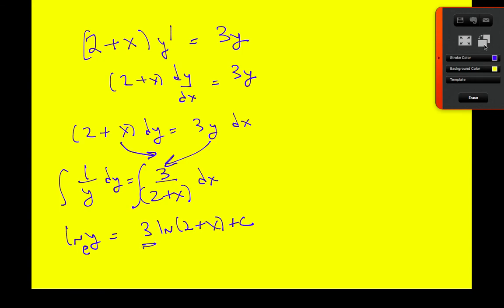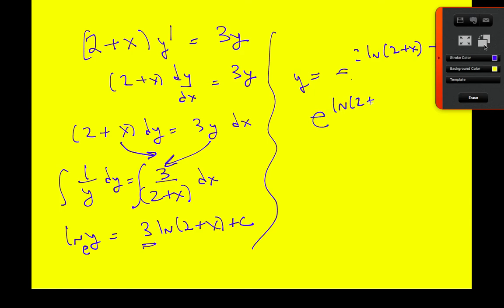All right, so I'll do it. I'll say y equals, over here, e to the 3 ln 2 plus x plus c, which is e to the ln 2 plus x cubed. How about this? Times e to the c.